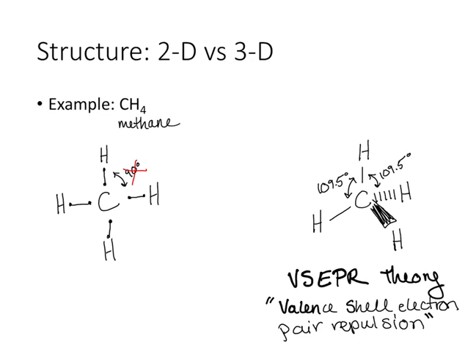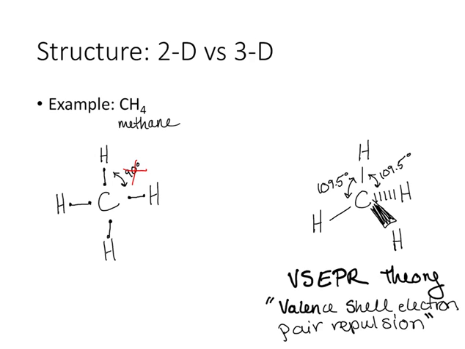So what that tells us is all of those hydrogens are treated as electron groups. And remember, electrons naturally want to get as far apart from each other as possible. So those hydrogens are trying to spread out enough that they each have their own space. And they each have equal space.